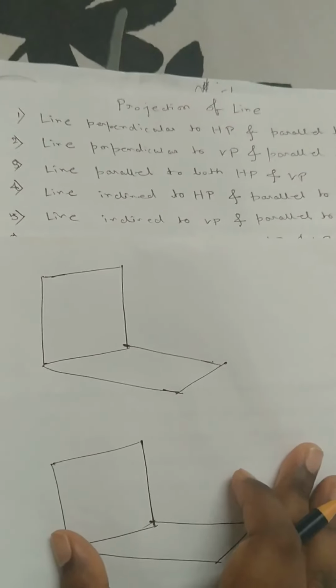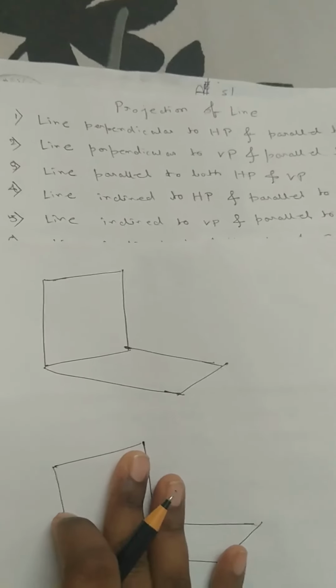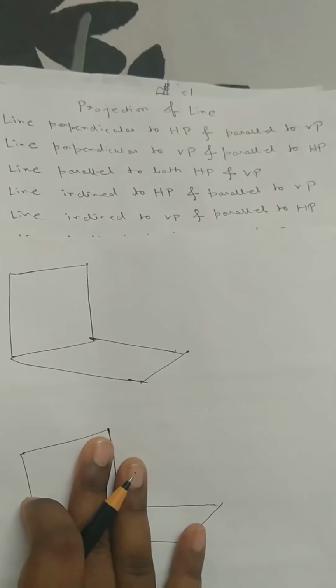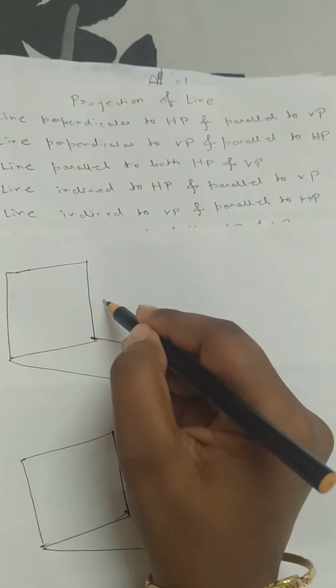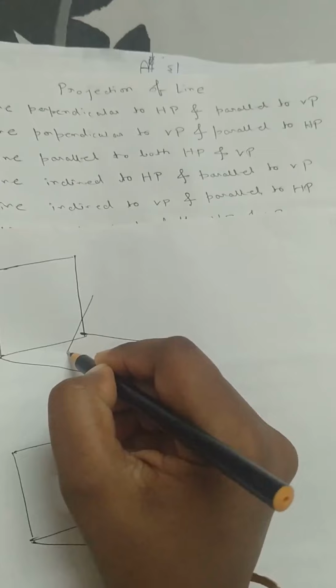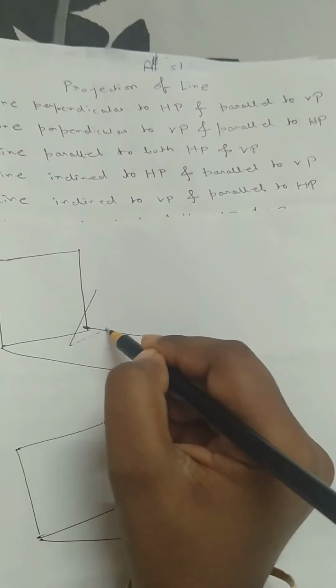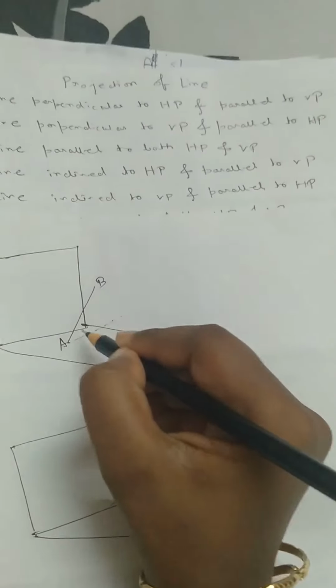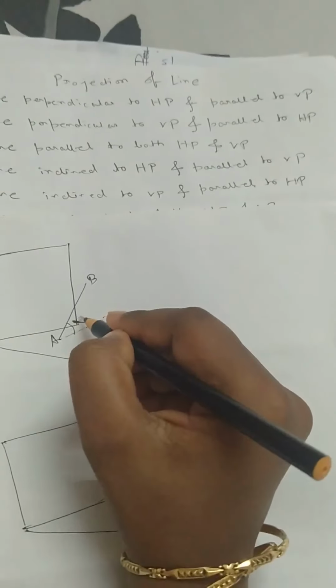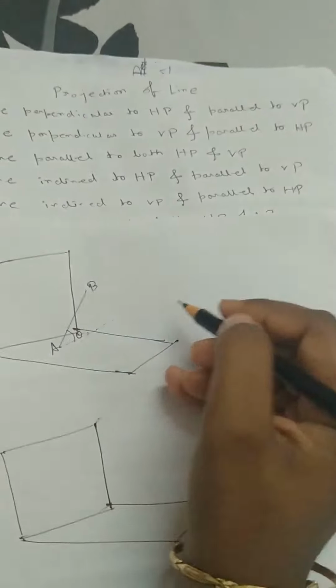Now you are going to see the fourth point, line inclined to HP and parallel to VP. So it will look like that. The angle it is making, this is our AB line and this angle is called theta.